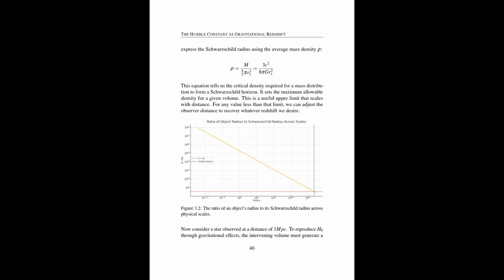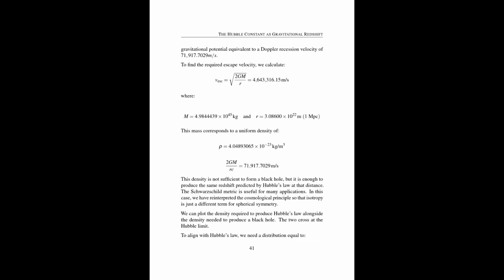Now consider a star observed at a distance of 1 megaparsec. To reproduce the Hubble constant through gravitational effects, the intervening volume must generate a gravitational potential equal to a Doppler recession velocity of around 72 kilometers per second. To find the required escape velocity, we calculate around 4.6 million meters per second.